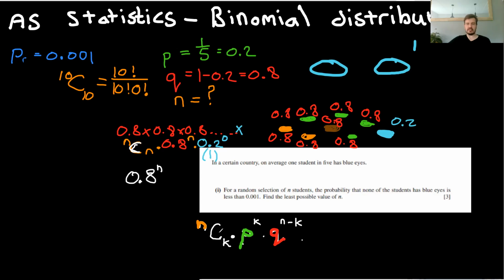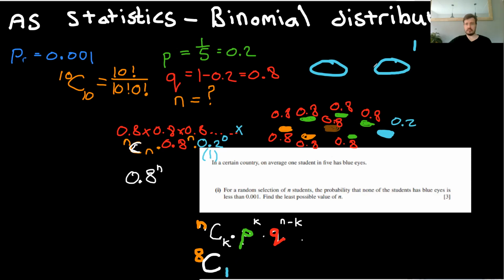Let's say that this question was different in that they'd asked you out of 12 students. Actually, no, let's use our example up here. We've got 1, 2, 3, 4, 5, 6, 7, 8 students. So let's say that we chose from 8 students and they asked the probability that one of them has blue eyes. Then you would write 8 choose 1.